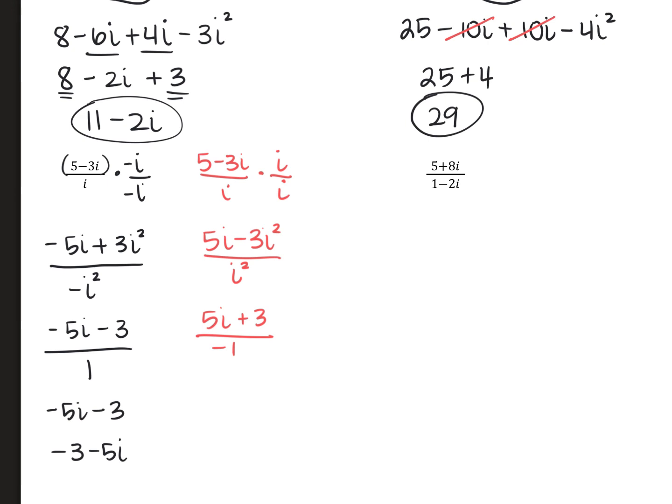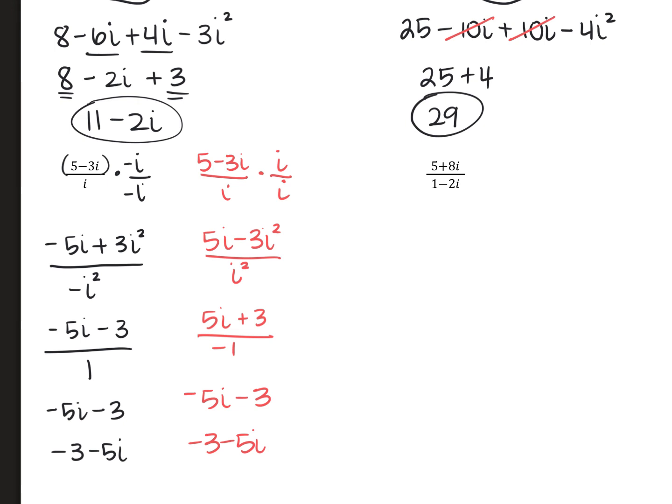So now when I divide by my negative, I still get -5i minus 3, which is -3 minus 5i. So I still get the exact same answer. It just eliminates me having to divide by a negative, and now I can divide by a positive number instead. So that's why we multiply the top and the bottom by -i. That way we don't have a negative in our denominator.